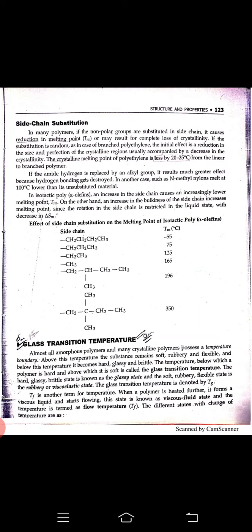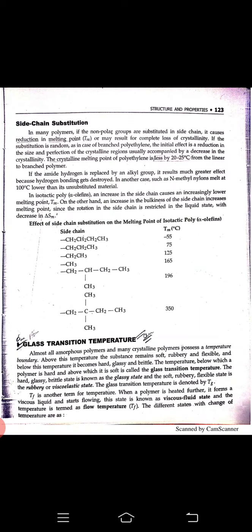Ethyl is 125 and methyl is 165. Here is isobutyl, which is 196, and this is iso, and this is neo. Tm is increased to 135, 150, 350.